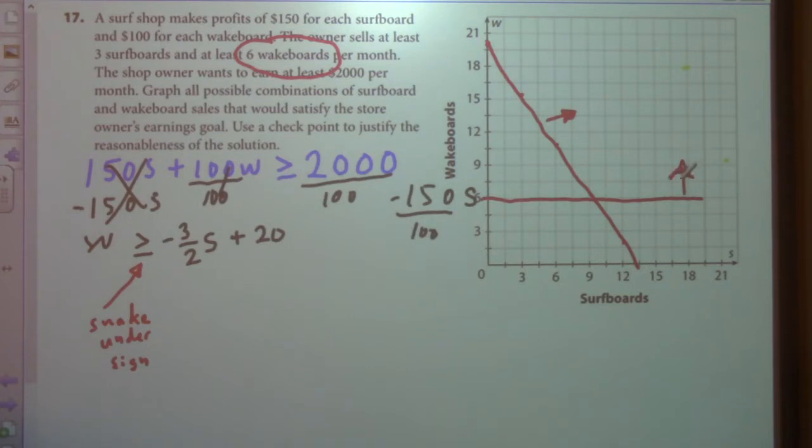And what else? 3 surfboards. In which direction from here? To the right, right?